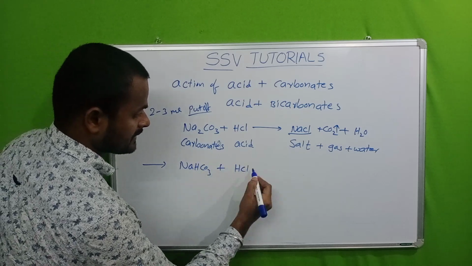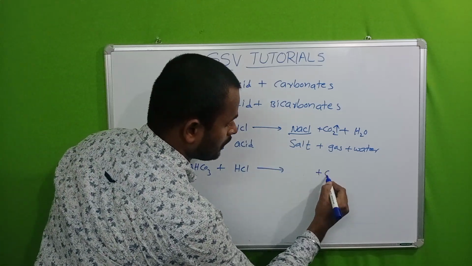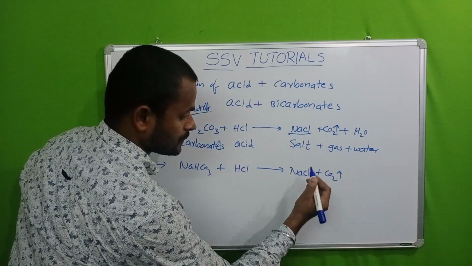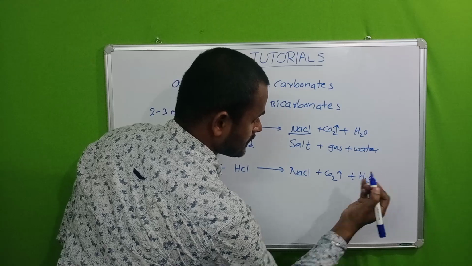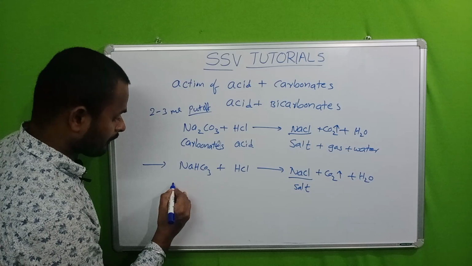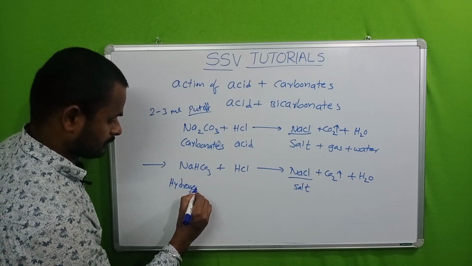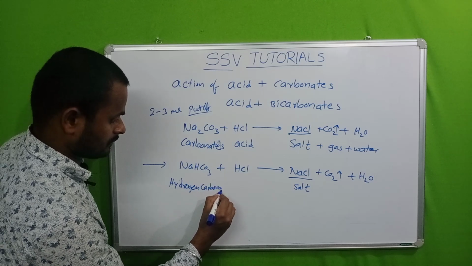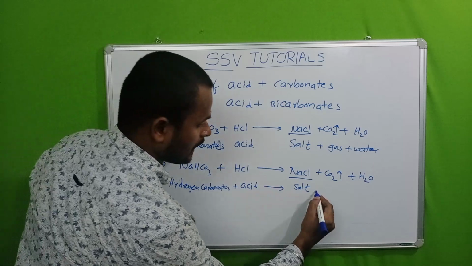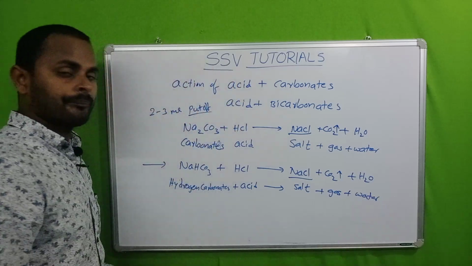At the same time, the action of sodium bicarbonate plus dilute HCl: what happened? Here also, by the experiment, it forms carbon dioxide and sodium chloride and releases water. So here NaCl is nothing but salt. So when hydrogen carbonates react with acid, they also form salt, carbon dioxide gas and water.